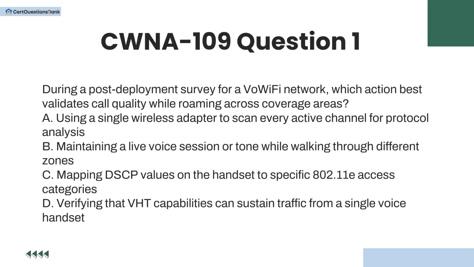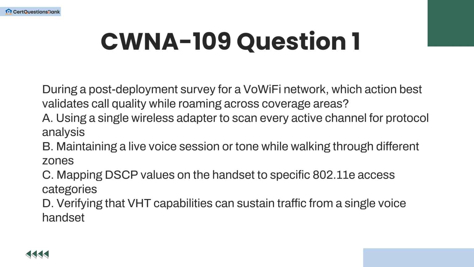During a post-deployment survey for a VoE Wi-Fi network, which action best validates call quality while roaming across coverage areas? A. Using a single wireless adapter to scan every active channel for protocol analysis. B. Maintaining a live voice session or tone while walking through different zones.